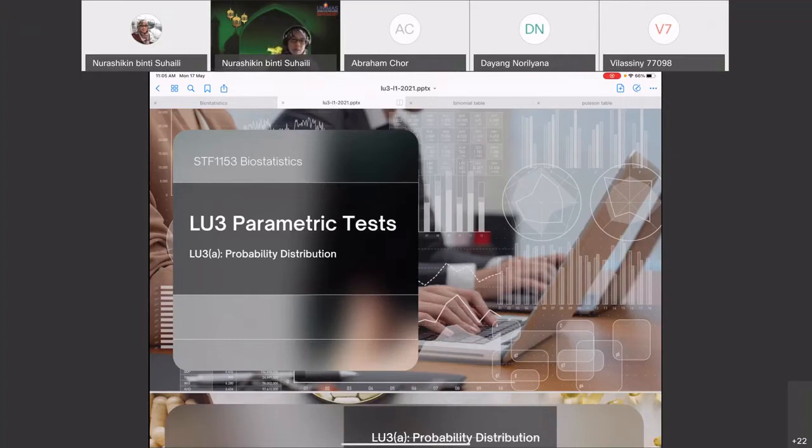Previously we talked about non-parametric tests, because we were dealing with non-parametric data. LU3 is about parametric tests, which are designed for analyzing parametric data. Before this, I always emphasize what is non-parametric data.